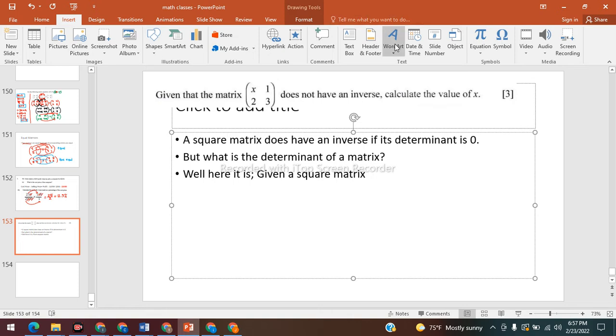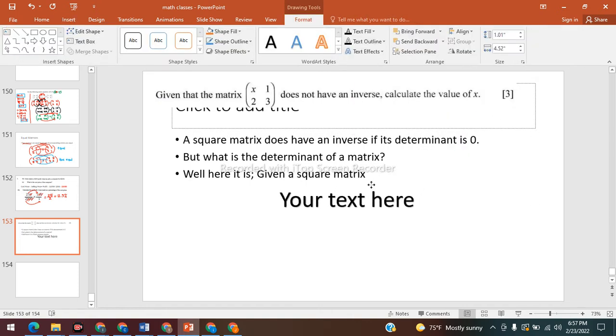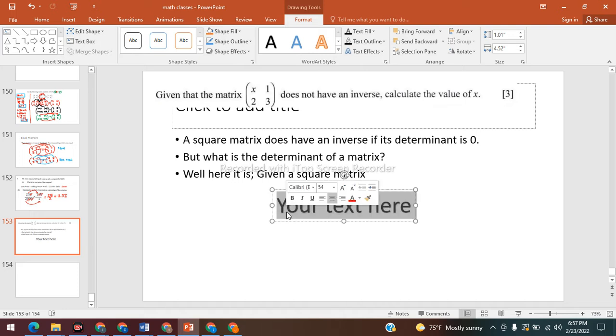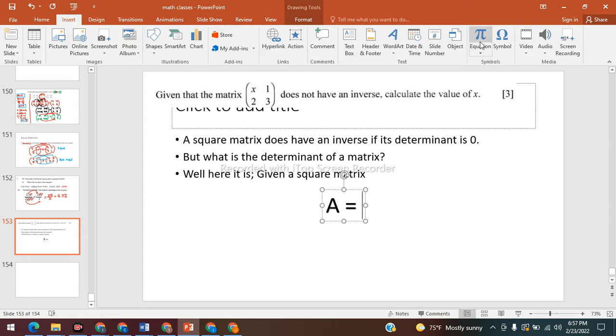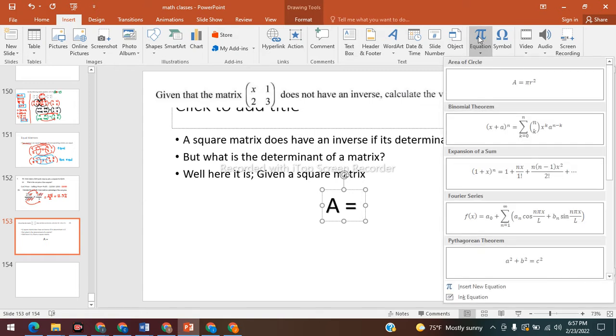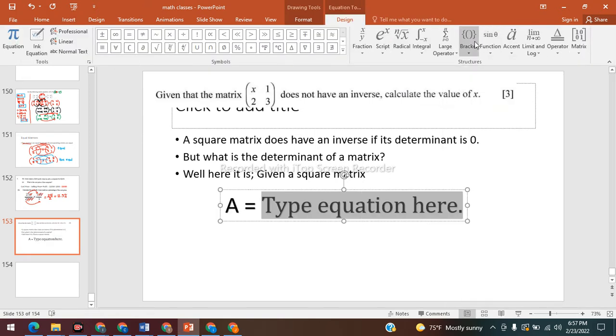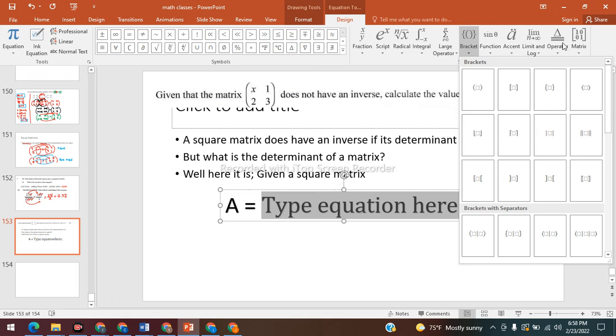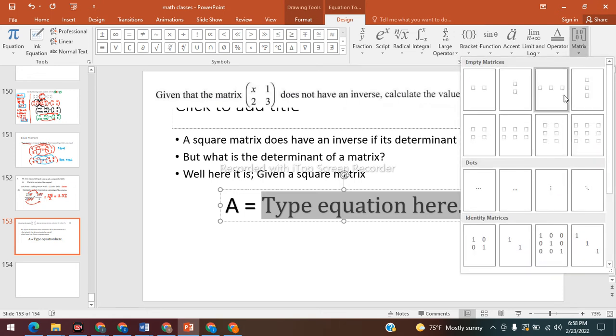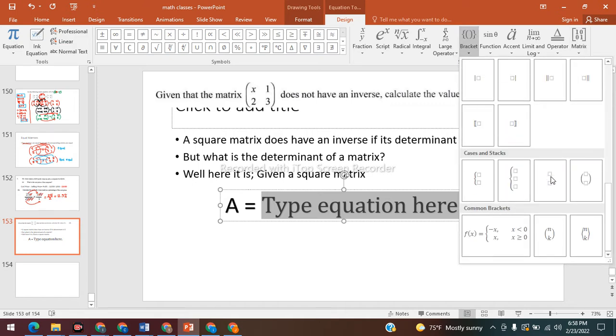Let's call our square matrix A. So given the square matrix A is equal to the matrix, let's use the brackets one.